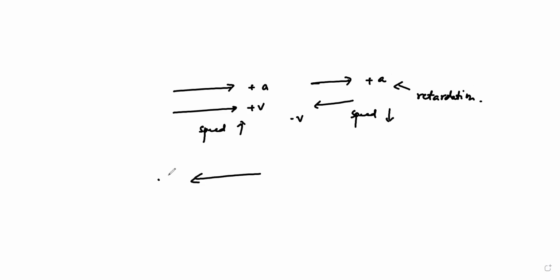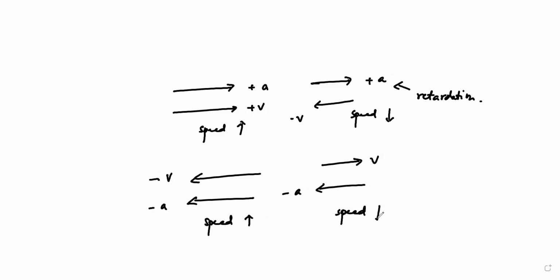If both are again in the same direction, minus v and minus a, then speed will be greater. If v is in one direction and acceleration is in another, then speed will reduce. This you will refer to as retardation. Am I clear, sir, in this regard? Important, sir.